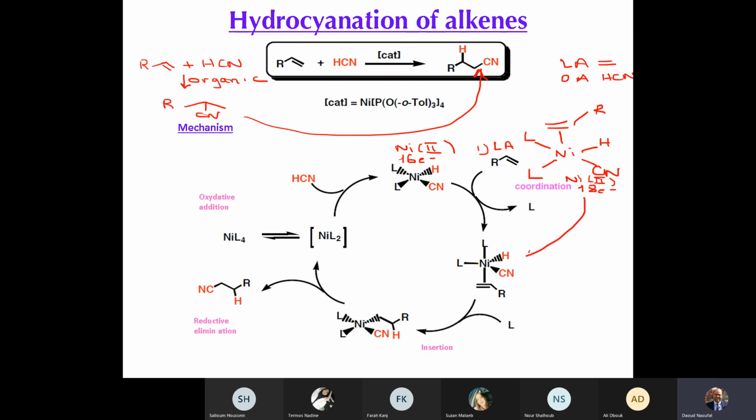The second step is ligand dissociation of L. We can write two steps, or we can write directly the ligand substitution of ligand L by alkene. So we obtain this structure. The nickel is nickel 2, and the complex is 16 electrons.